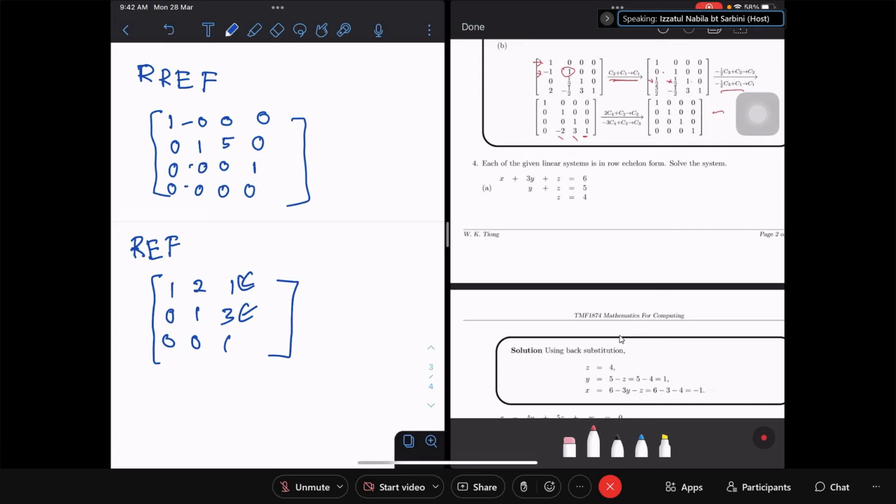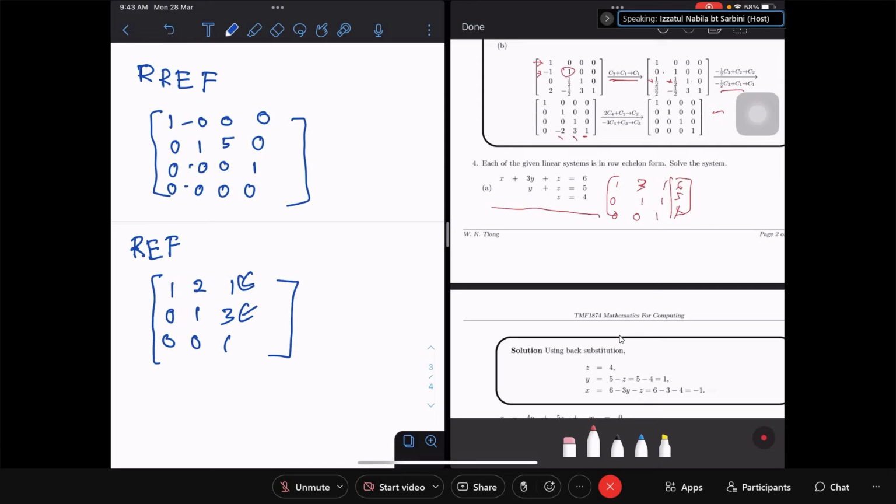When you change this into matrices, this is actually 1 3 3 1, 0 1 1 0, 0 0 1 6 5 4.